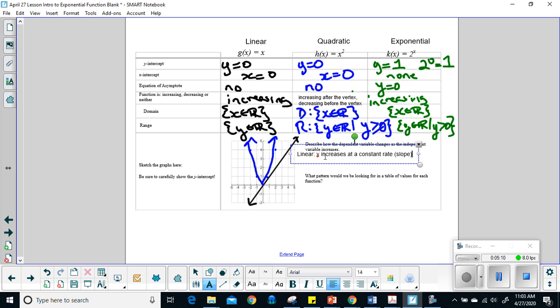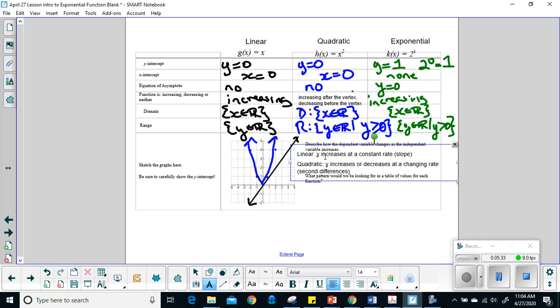That's your slope value. Quadratic, the y increases or decreases at a changing rate, and we'll see what that looks like with our second differences.